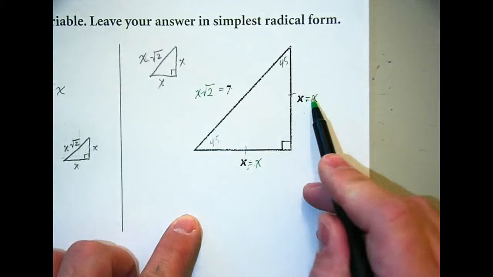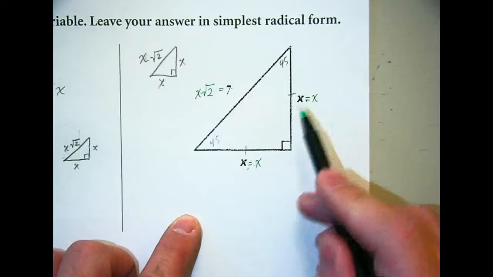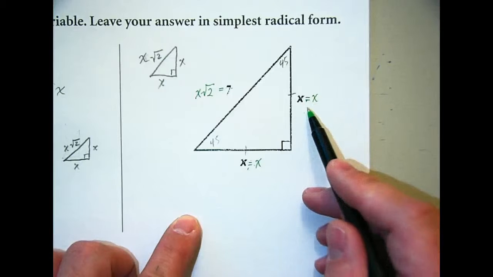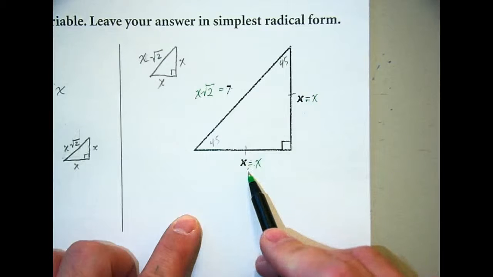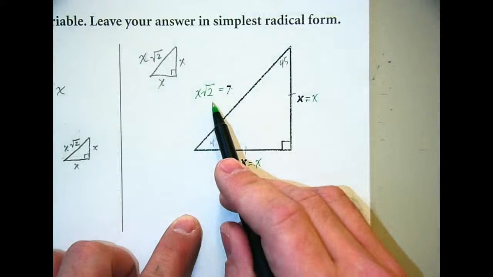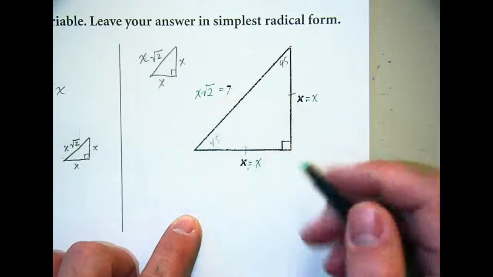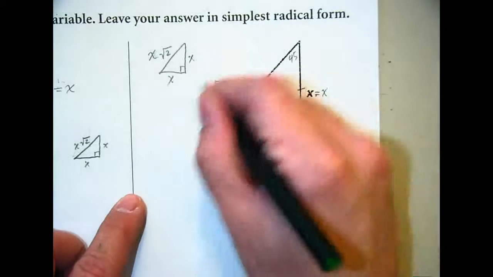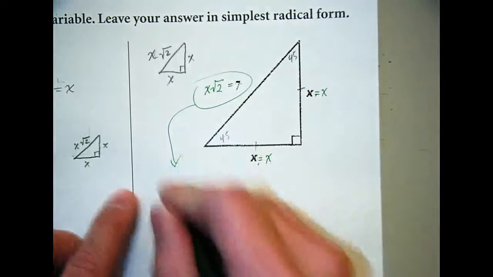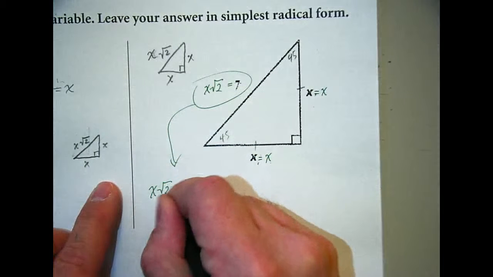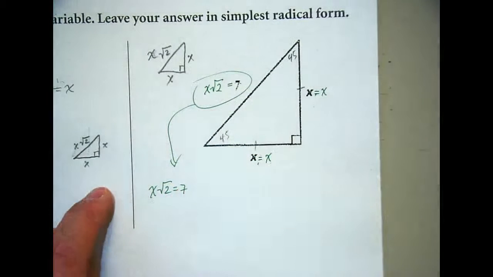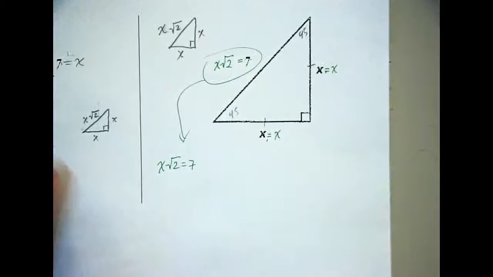No. It's infinitely many, right? We can't actually come up with a value for x. Can I solve that? Yeah, it's one variable, one equation. So I'm going to take this, and I'm actually going to do the math for it. I'm going to say, well, x root 2 equals 7. How do I get x by itself?